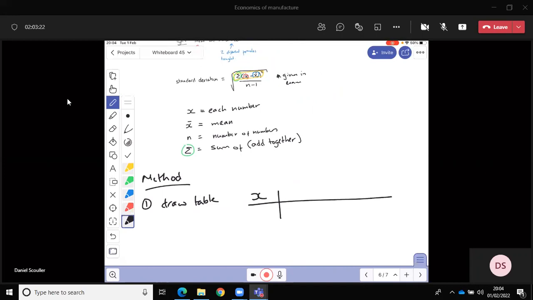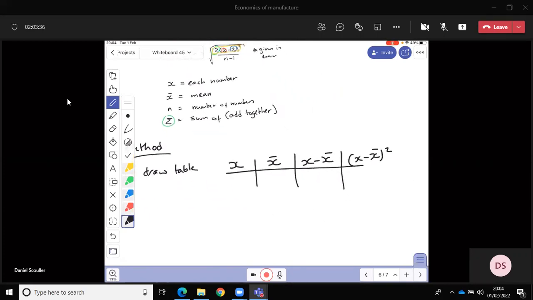One column's x, which is each of the numbers, x bar, x minus x bar, and then x minus x bar squared. All this column does is set your numbers up to organise them to try and make sure you don't make any mistakes. Now you could do this step in your head, but you'll see how you could really lose your place.